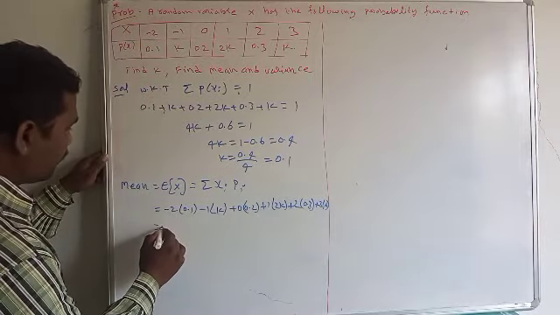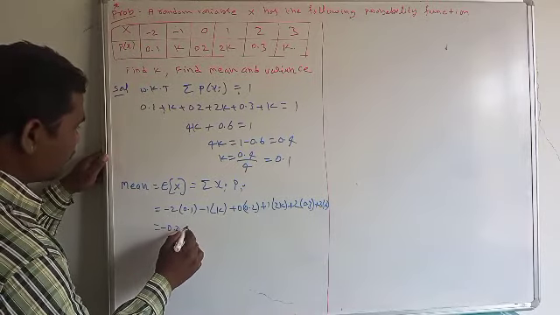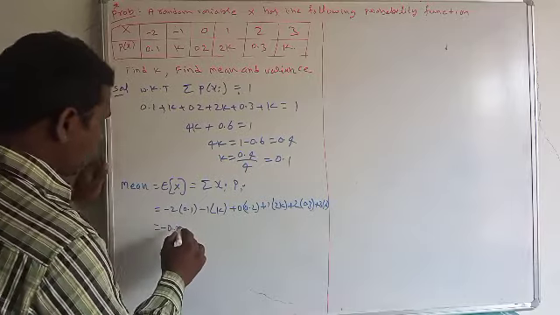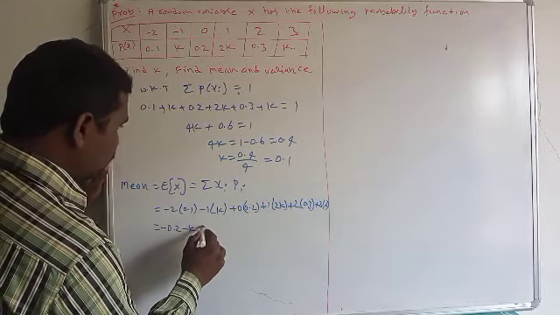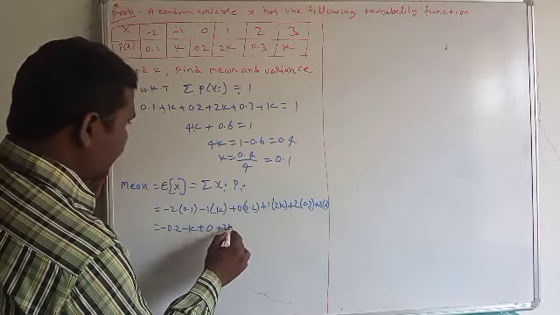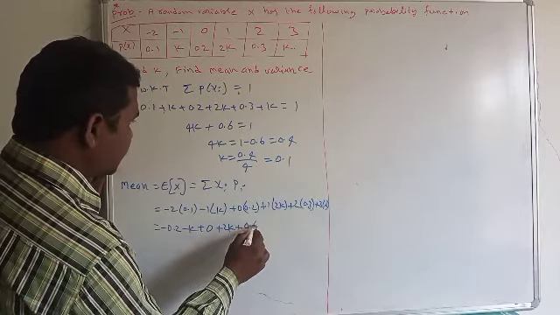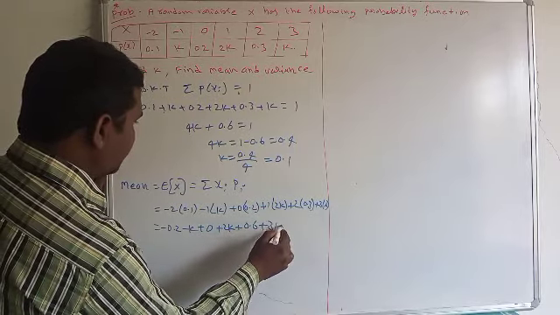Finally, this is equal to minus 0.2 minus k plus 0 plus 2k plus 0.6 plus 3k.